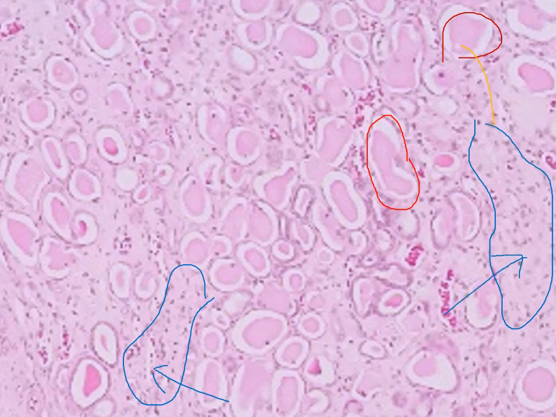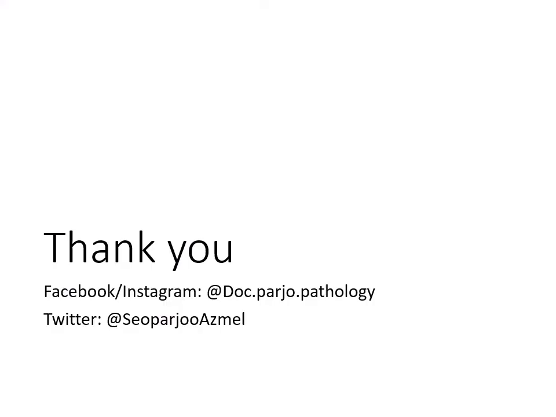This is a chronic inflammation, so the cells present in the stroma area are usually lymphocytes and sometimes plasma cells.